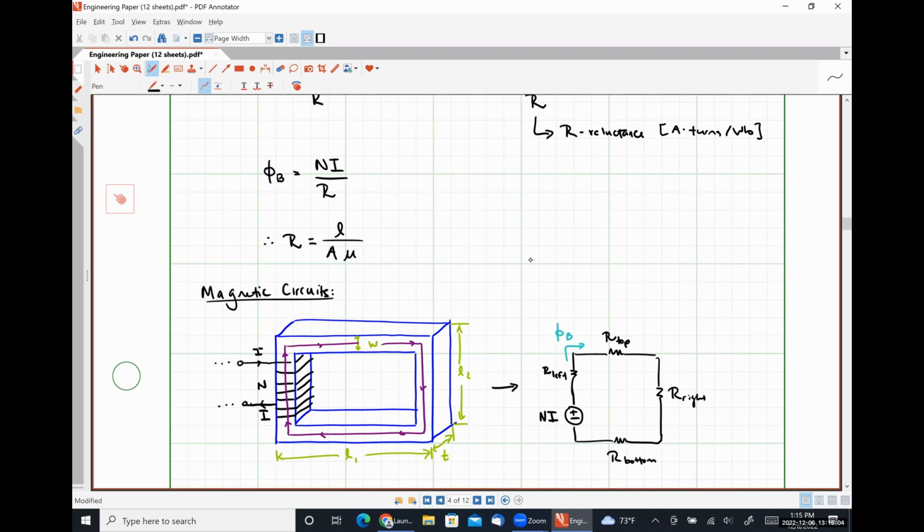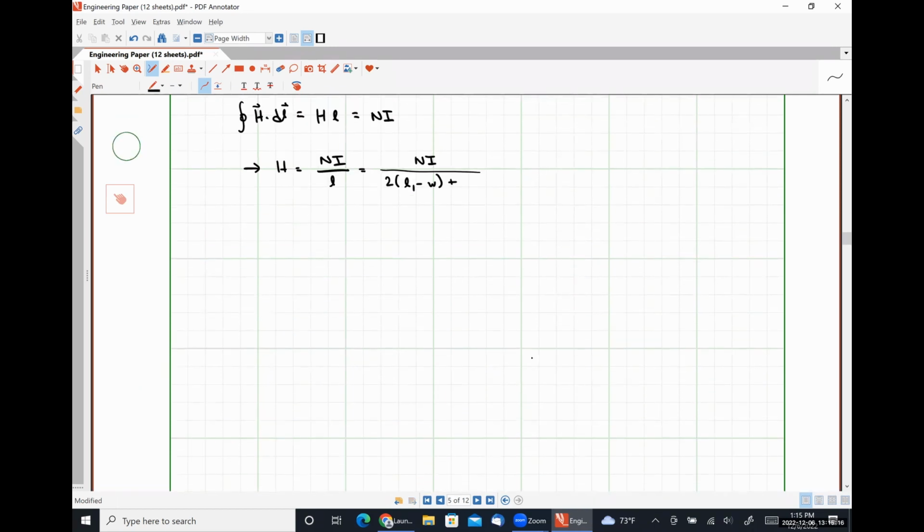And then what's the length that's traveled by the flux, or the average length traveled by the flux, in the vertical directions? L2 minus W. There are two of those.